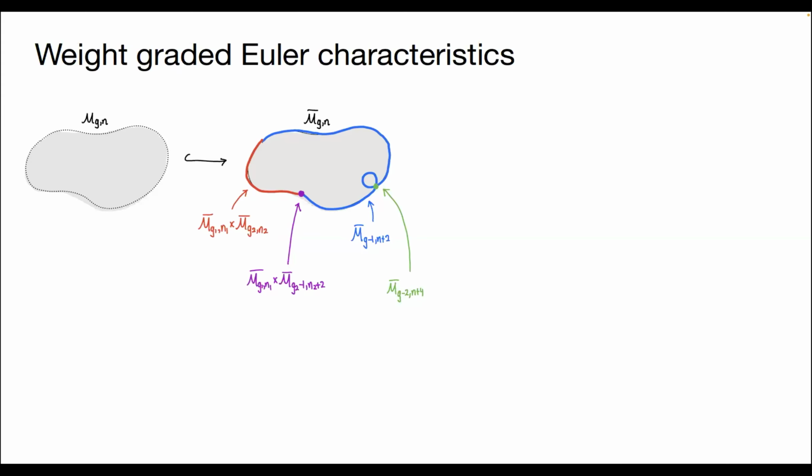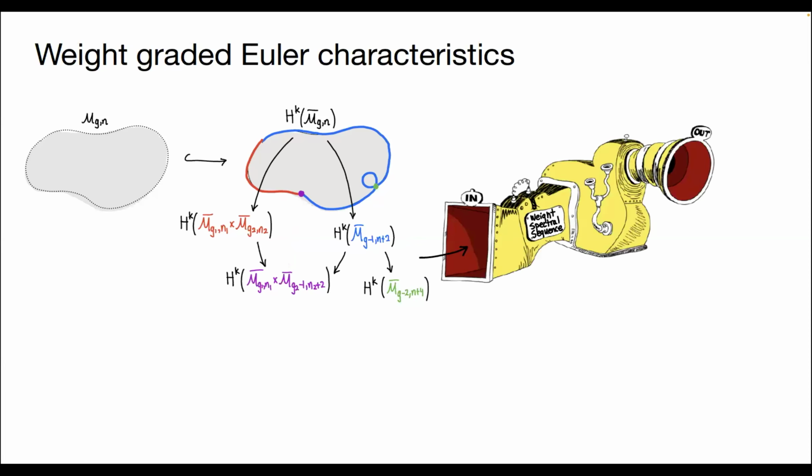And the thing that I need to understand in order to compute the weight k Euler characteristic is how the degree k cohomology pulls back under all of these gluing maps. Maybe also some additional information when there's symmetry introduced with these gluing maps. If I know all these pullbacks, then I can just feed this into Deligne's weight spectral sequence, and it will compute the weight k cohomology of M_{g,n}.